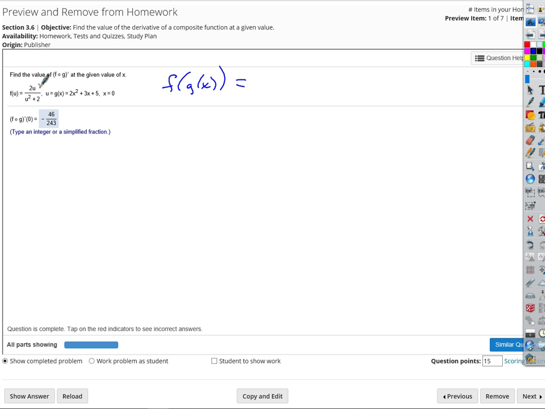So we end up with 2 times (2x squared plus 3x plus 5) on the top, divided by that whole quantity squared plus 2, right?